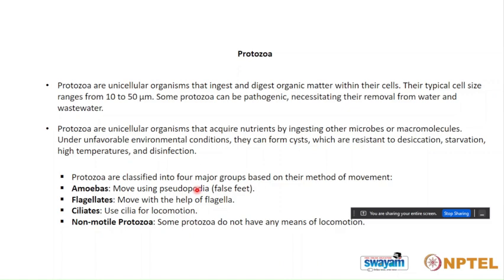In the case of flagellates, they have flagella for motion, so these protozoa are termed flagellates. In ciliates, cilia help in locomotion. There are also non-motile protozoa which have no provisions for locomotion.